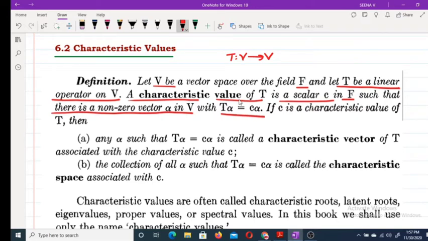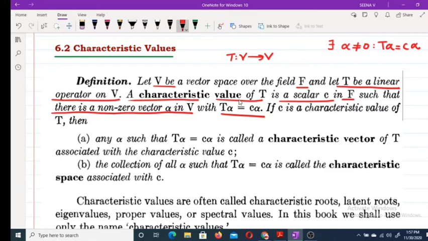Then C is called a characteristic value of T. That is, C is a characteristic value if there exists an alpha not equal to 0 such that T alpha equal to C alpha.